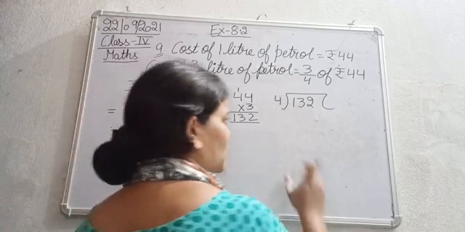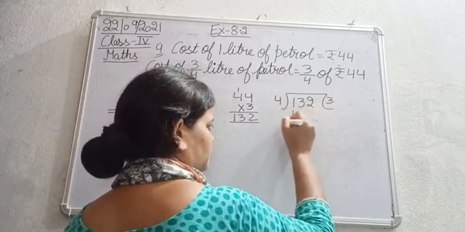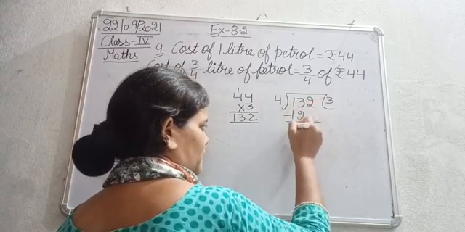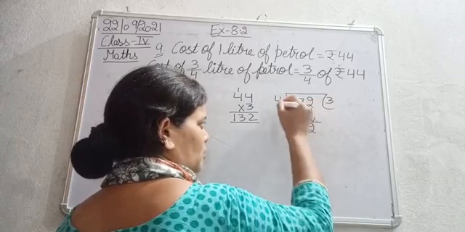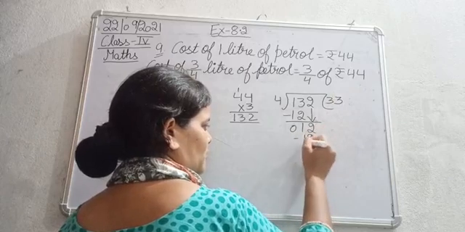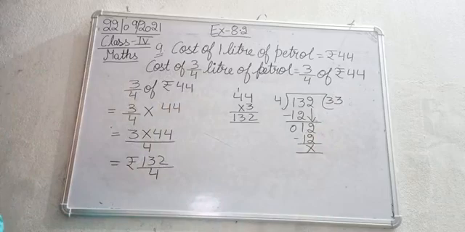So let's divide it. 4 3s are 12, minus 1 3, minus 2 1, 1 minus 1, 0. Bring down the next number, that is 2. 4 3s are 12. 12 minus 12, nothing is left.